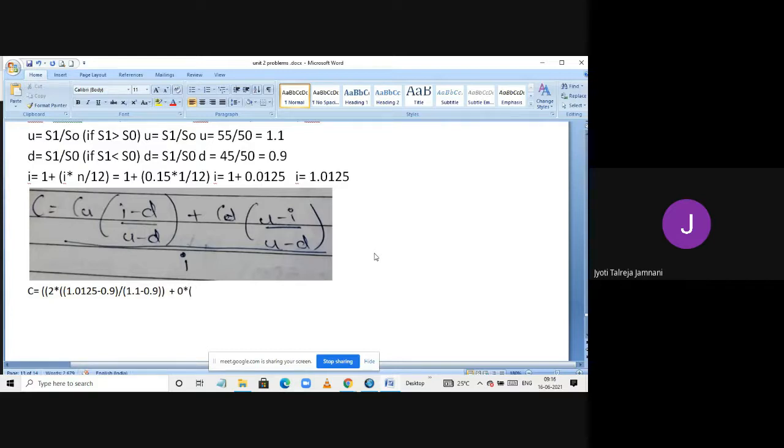Into U minus I. So U was 1.1 minus I, 1.0125. This you divide by U minus D. U was 1.1 minus 0.9. Okay, this is the numerator.